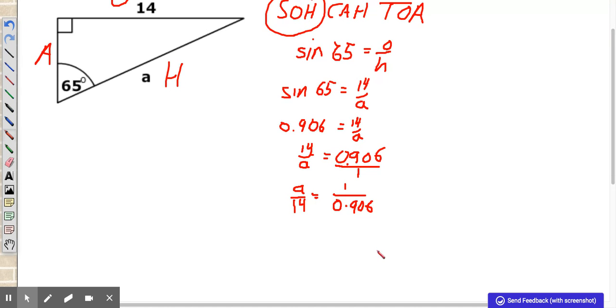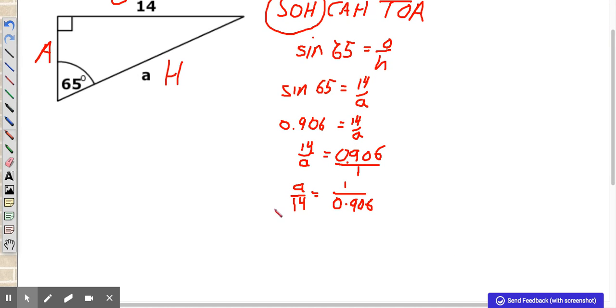Okay. I get my calculator. What is 1 divided by 0.906? 1.104. So A divided by 14 equals 1.104 rounded.